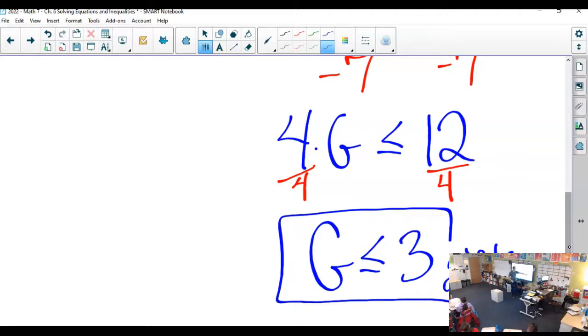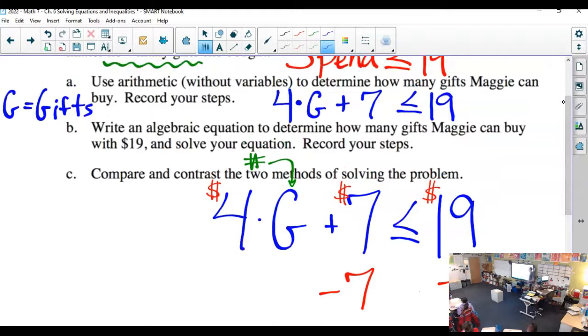Questions. Please stop talking, especially if you understand what you're doing. We set up the amount of dollars it's going to cost for gifts, because it was $4 for each of them, times G amount of them. Then the amount that we're spending also has to include our shipping, and all of that has to be less than or equal to 19.